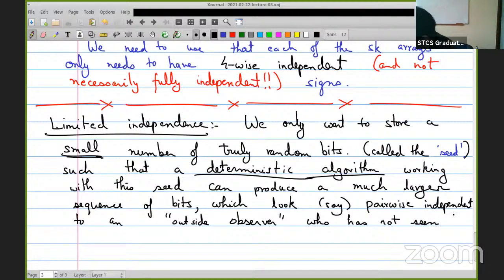The seed is chosen completely at random. The definition of the outside observer is that they should not have seen the seed. The seed is random for the outside observer.